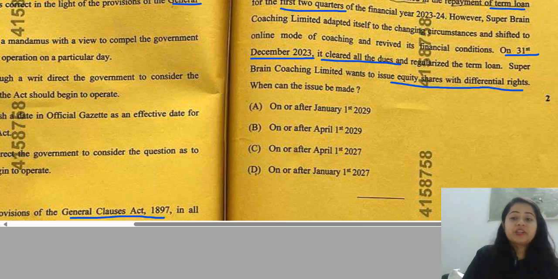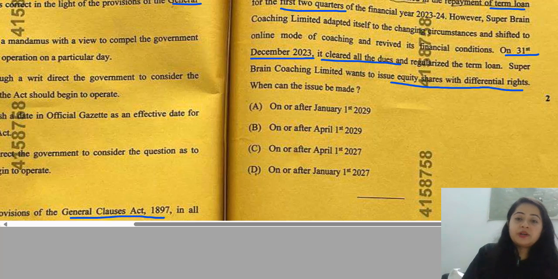It says the differential right equity shares can be issued after 5 years of making good any default in repayment of term loan. So, that means for the past 5 years before the company decides to issue differential right equity shares, the company should not have made any default in repayment of the term loan.